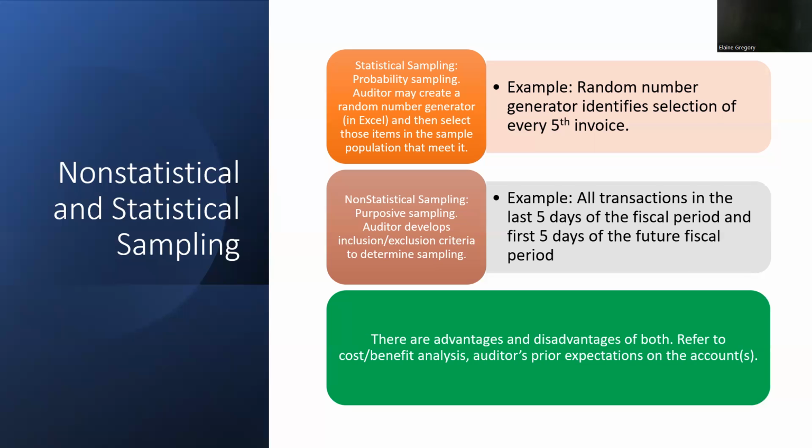Remember, we looked at what our expectation of the misstatements may be on a particular account classification. If we have very little prior expectations because perhaps that account classification has been monitored very closely throughout the period, we may want to do a non-statistical sampling.